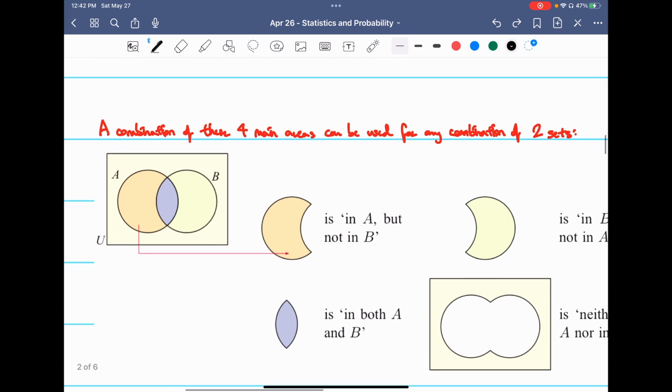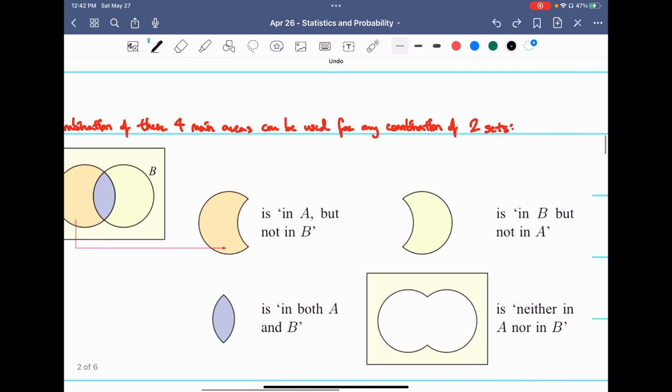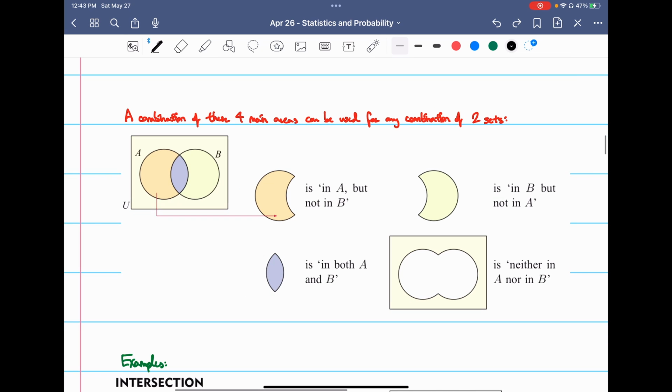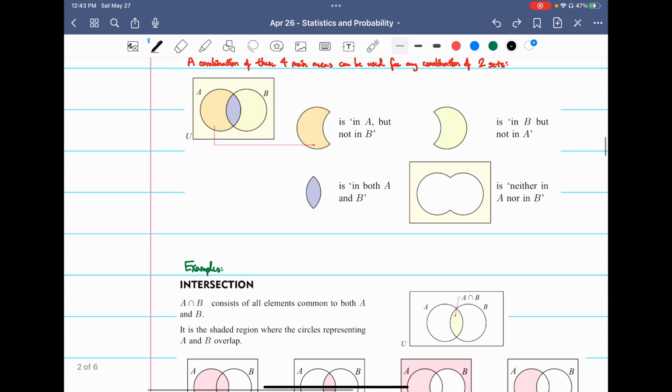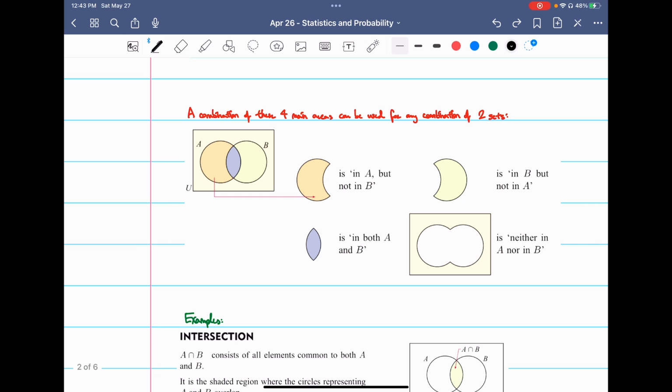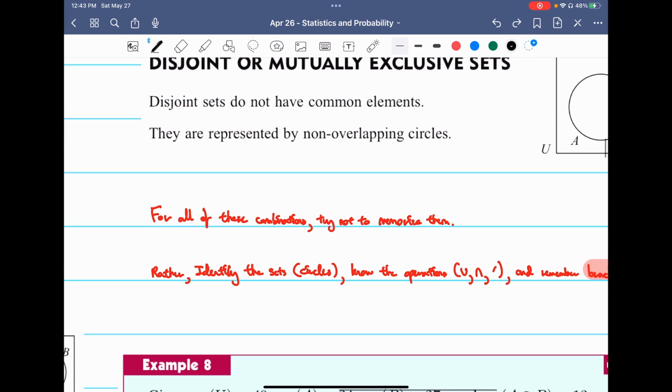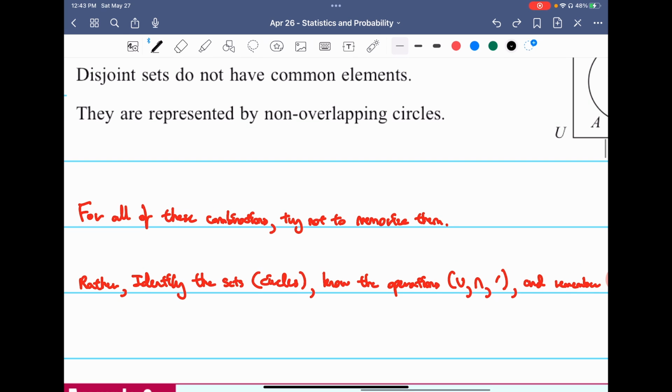A combination of these four main areas can be used for any combination of two sets. This may be a little confusing, but it will become easier to understand as we solve the questions, so just you wait.